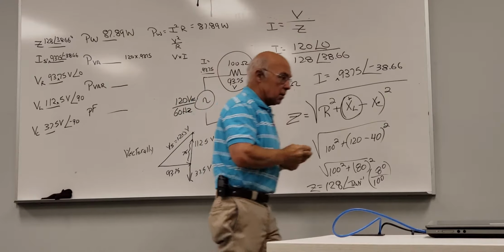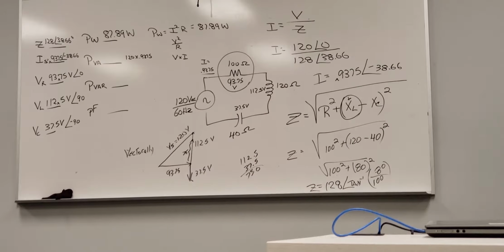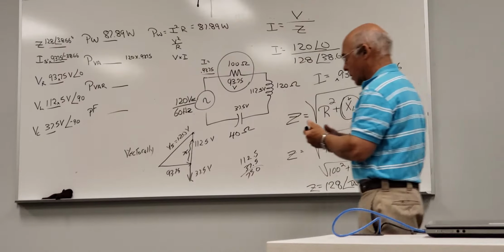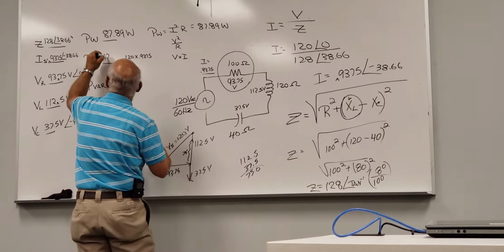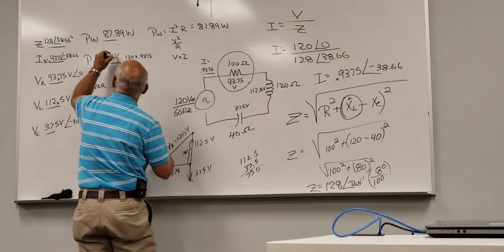And you do that, that is the power that it appears that we're supplying from the battery or from the source. So we got 120 times 0.9375. Get 112.5 volt amperes.